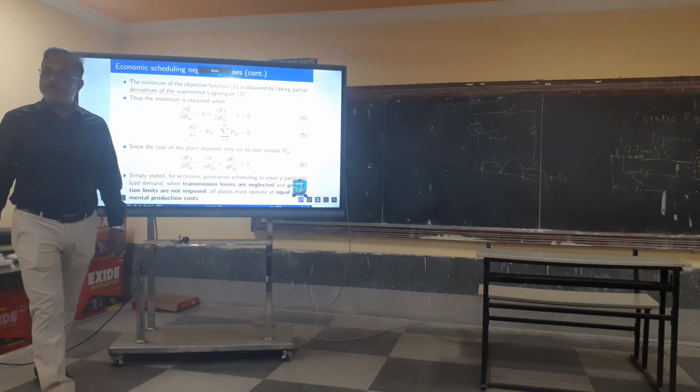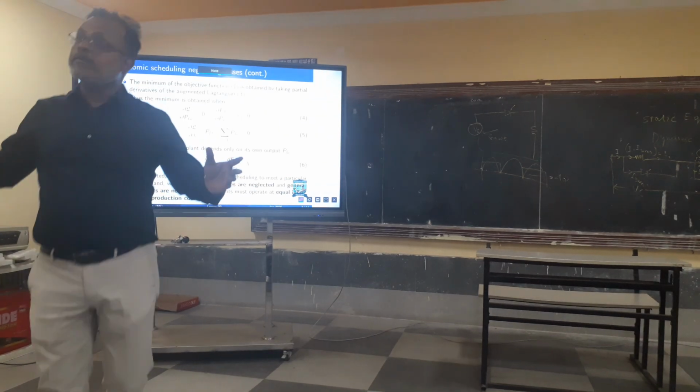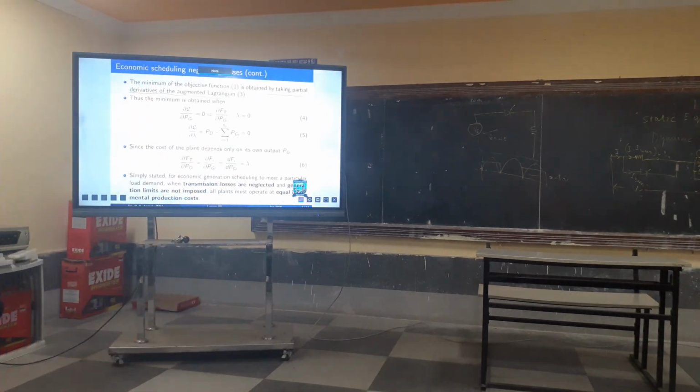Why partial derivative? Because you might have so many generators. So we have to take the derivative with respect to that particular generator for which the cost is there, for example, del Fi by del Pgi. There is no meaning of del F1 by del Pg2 because F1 is the cost of generator 1 only. That's a partial derivative.